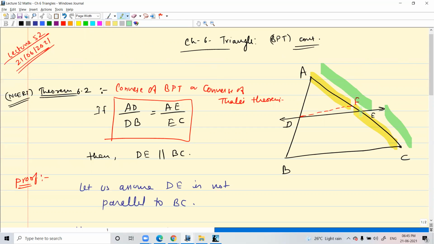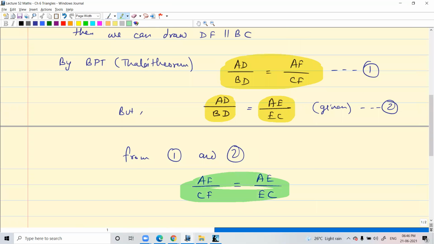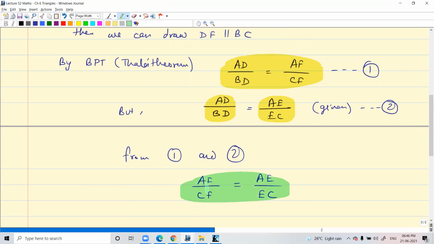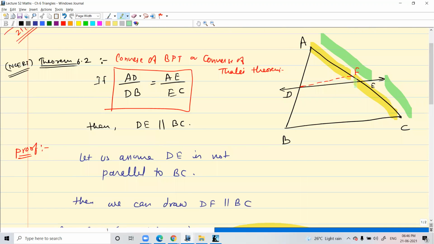So this is possible only when F and E coincide with each other. That means point F and point E are same. Only then this relation which we have written here is possible, when E and F are the same point. And if both of them are the same point, by construction we know that DF is parallel, so DE also has to be parallel.